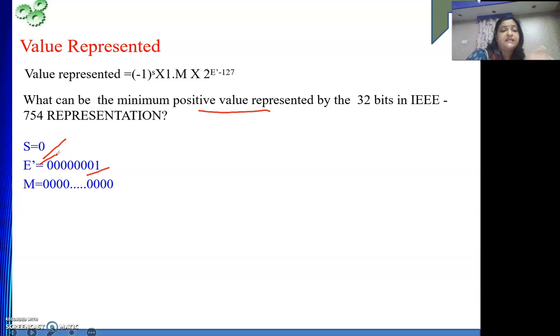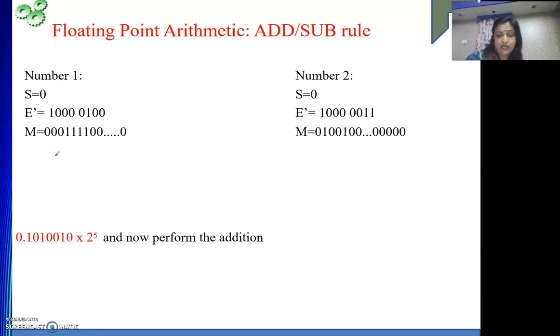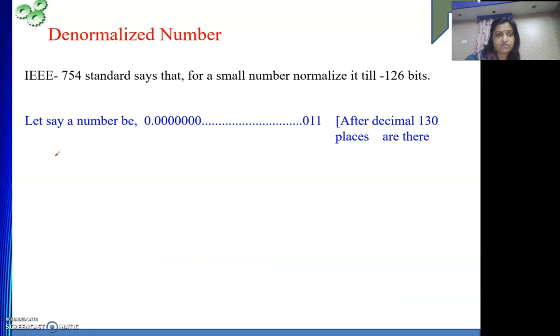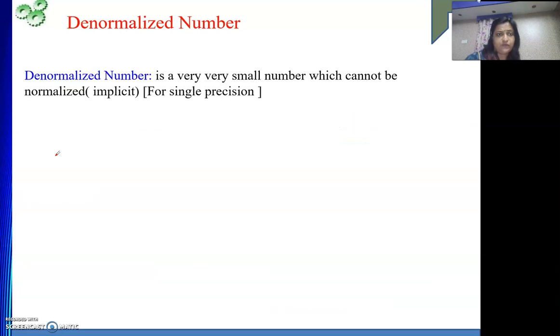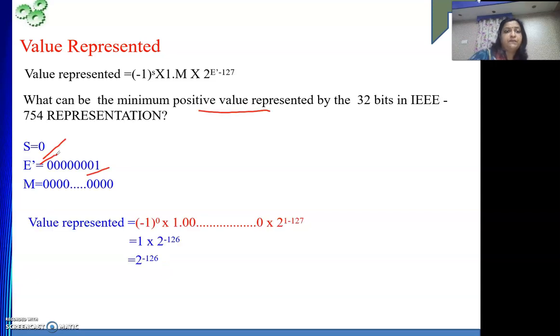Because that will be on the bigger side. I require the minimum value, so in the LSB side only I am going to put that, right? By mistake I changed it to this one. Wait. Where we were, this one, and this one. Minimum positive value. So E dash will be 1 only, and M will be all zeros.